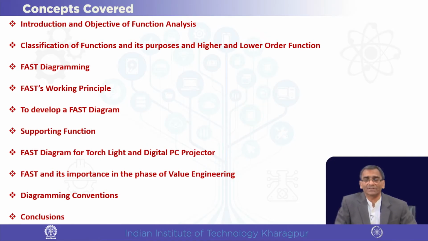We will describe this higher and lower order. Then we will discuss the FAST diagram, the working principle to develop a FAST diagram. Then we will talk about the supporting function, how the supporting or secondary function helps in achieving the basic function, or the primary function it is called.